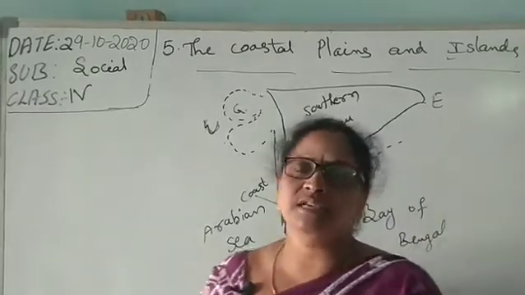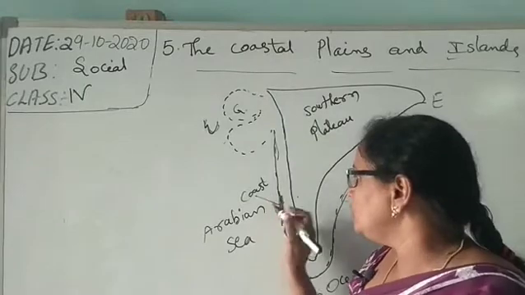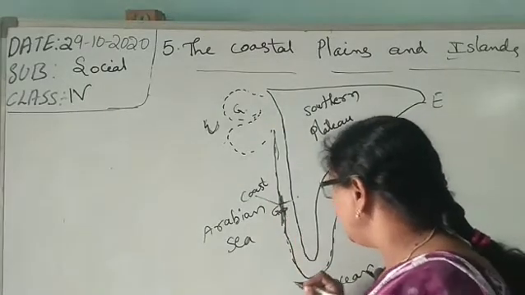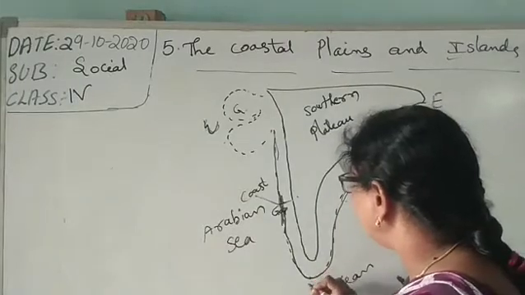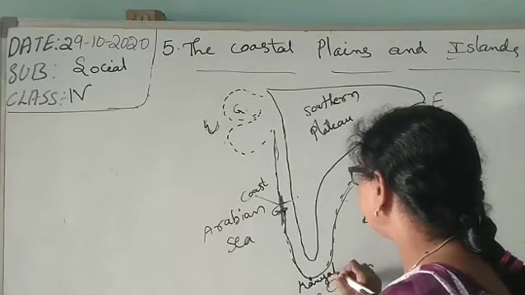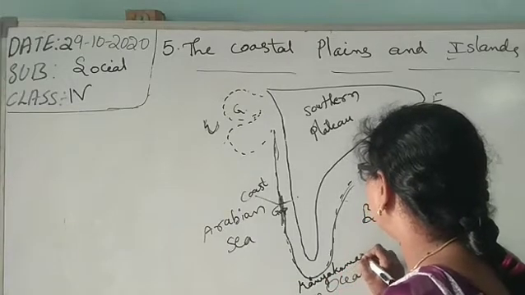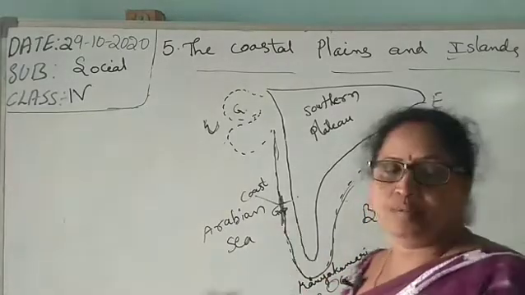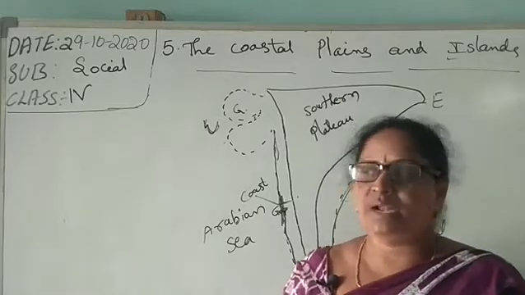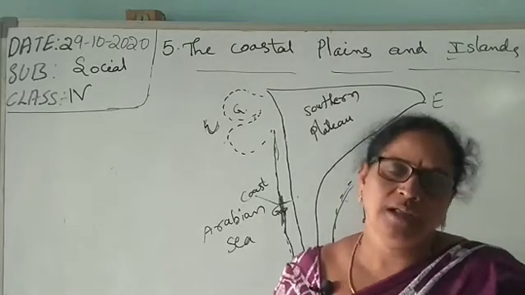And one more is the Malabar coast, from Goa to Kanyakumari, the last ending point of India. The Malabar coast stretches from Goa to Kanyakumari.